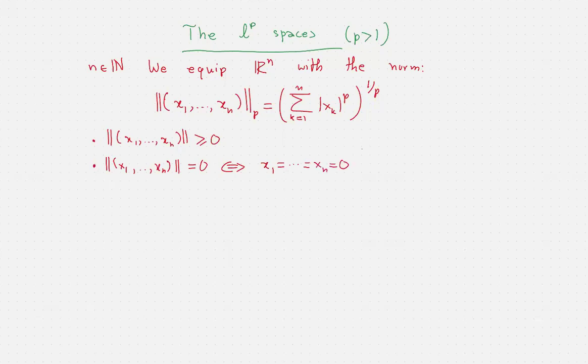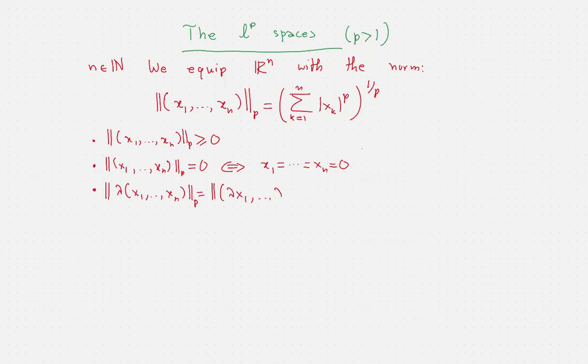Then we have to check homogeneity. Again, this is very, very simple. So if we take lambda times one of these elements, and I'm forgetting to put the subscript p, so we will have lambda x1 all the way to lambda xn.